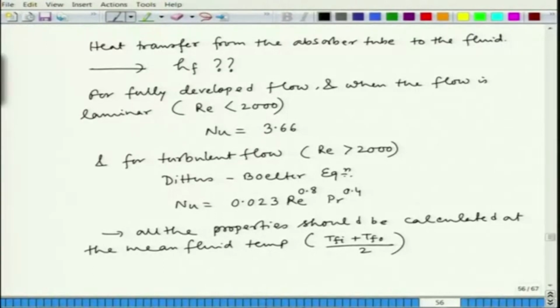Okay. So, that is how we know all the relevant heat transfer coefficient, and the thermal analysis for parabolic trough ends here.